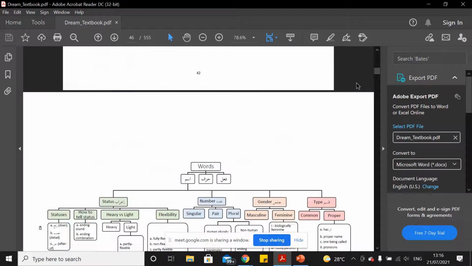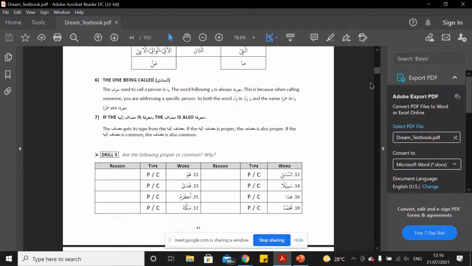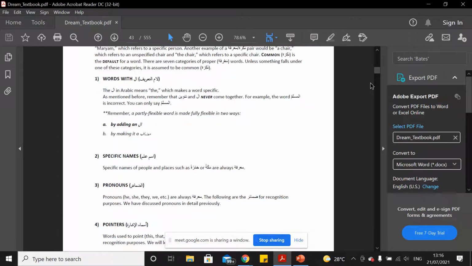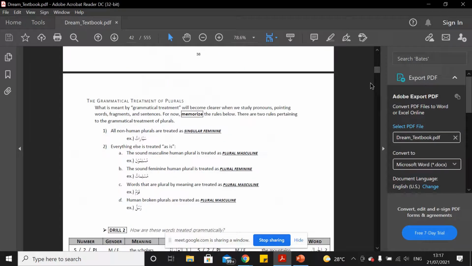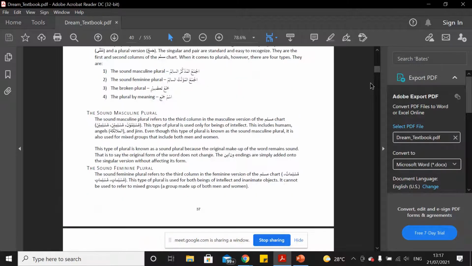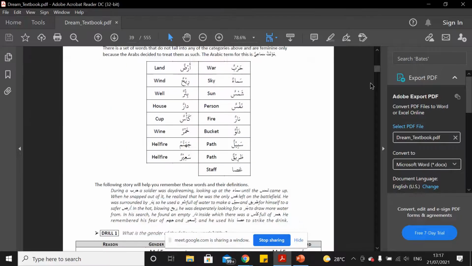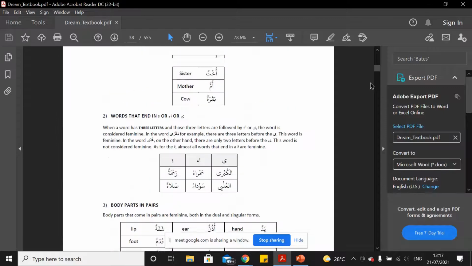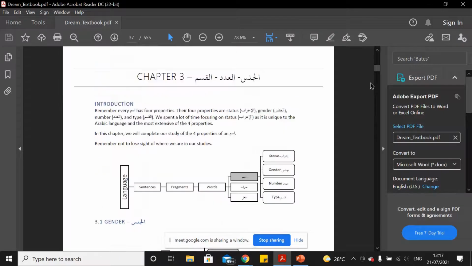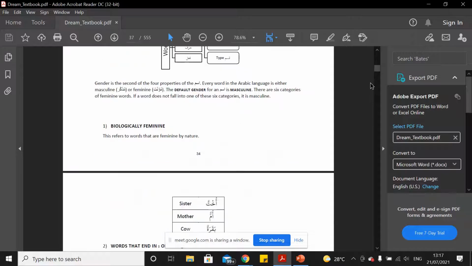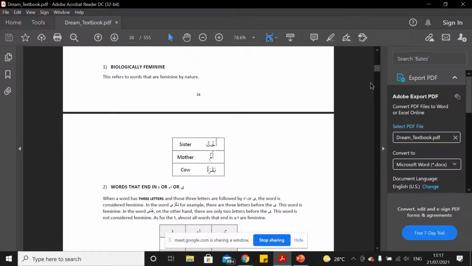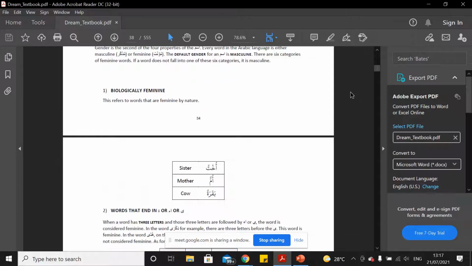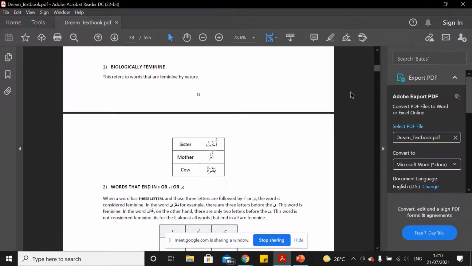The first is the biological feminine, and then the words that end with ta marbuta and alif, or the ya without the dots, ya maksura. Words that end with those are an indication that it's feminine. Body parts that come in pairs are feminine. Names of specific places, non-human plurals, and there is a category of words that are feminine just because the Arabs said so. Jazakallahu khair.